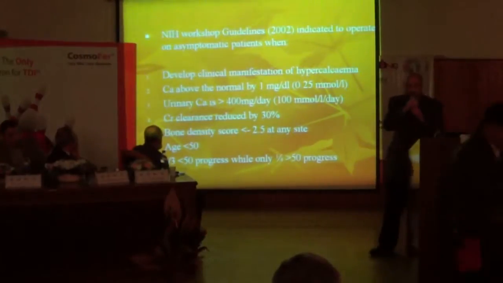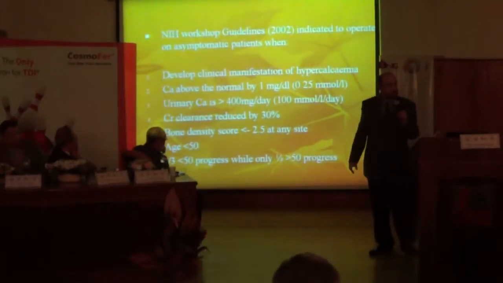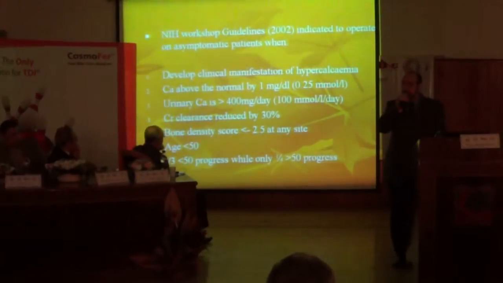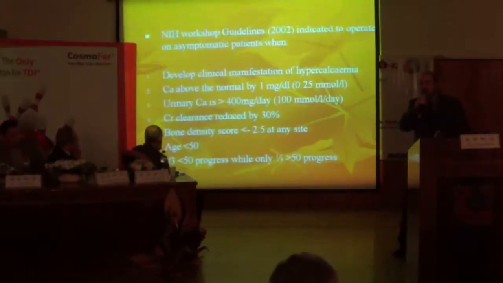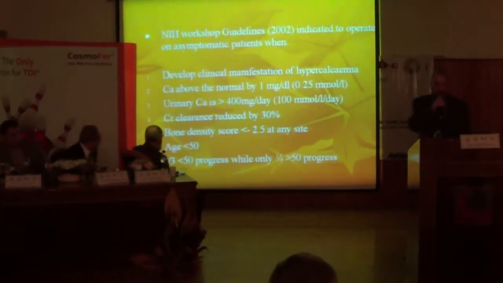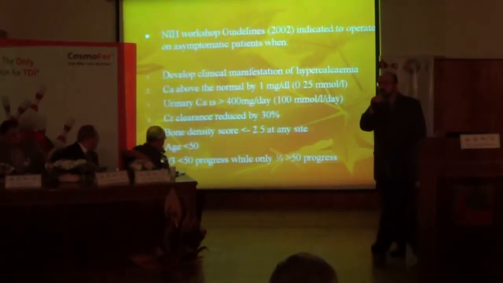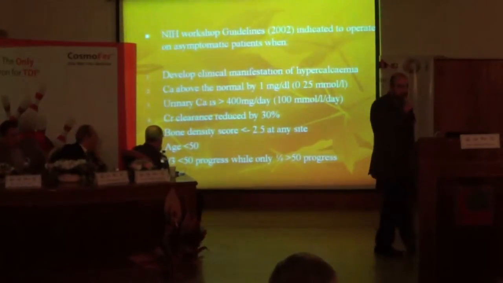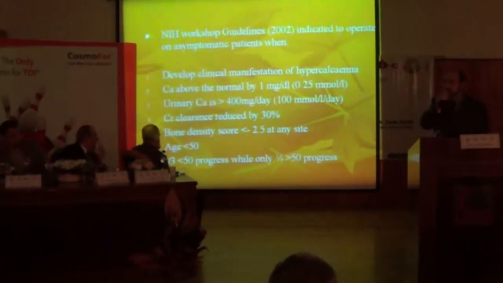Anyone who develops clinical manifestations of hypercalcemia; calcium level 1 milligram above the reference range; urinary calcium excretion more than 400 milligrams per day; calcium clearance reduced by 30%; bone density score of minus 2.5 at any site; younger patient, under the age of 50.